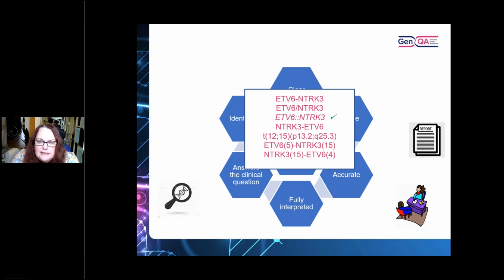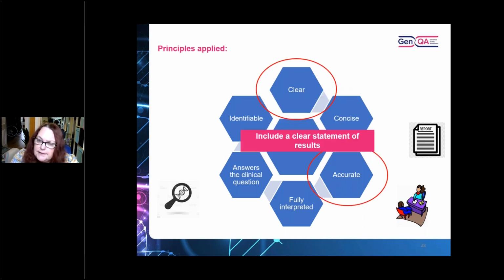And if I was a clinician reading all these different reports, I might not realize that they were all the same thing, which in fact they were. So there is a need to use international nomenclature to harmonize what's written in reports, so that wherever you get a report from, you can understand the same results. In this case, I've ticked the one which would represent correct nomenclature according to the current guidance.